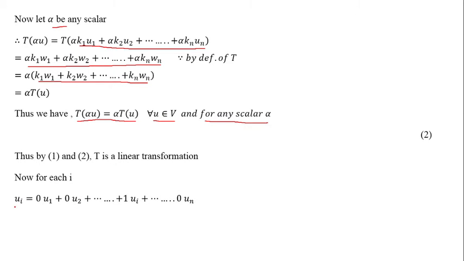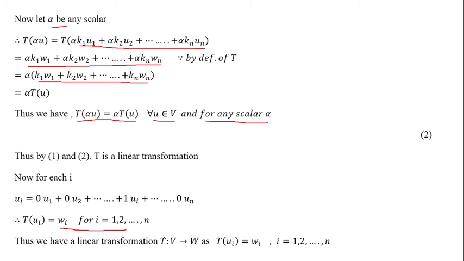And now for each i, this ui can be written as 0 times u1 plus 0 times u2 plus etc. 1 times ui plus etc. 0 un, and therefore we must have T of ui is 0 times w1 plus etc. 1 times wi plus etc. 0 times wn, that is T of ui is wi for each i running from 1 to n, and thus we have a linear transformation T from V to W and T of ui is wi for i running from 1 to n, and this completes the proof of the theorem.